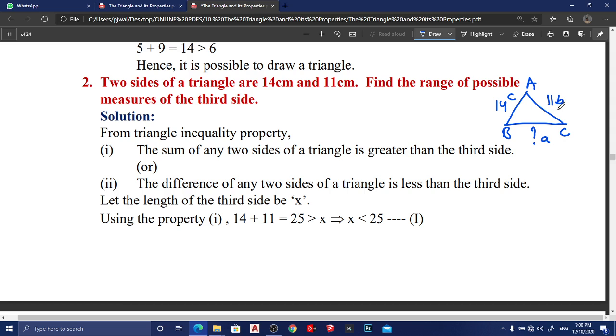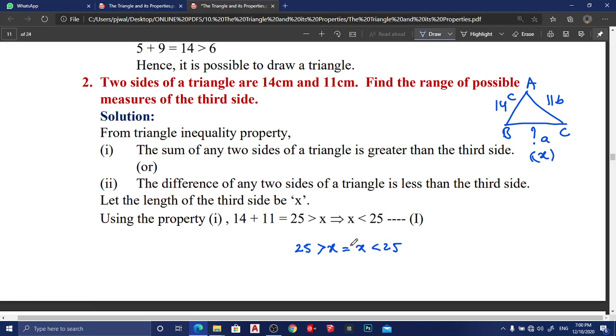The two given sides are 14 and 11. By using the first property, 14 plus 11, which is 25, will always be greater than the third side, which we take as x. So 25 is greater than x means x is less than 25.